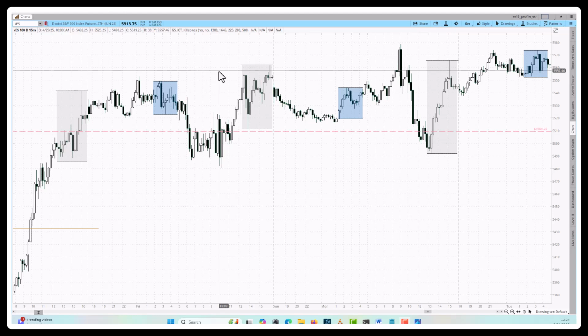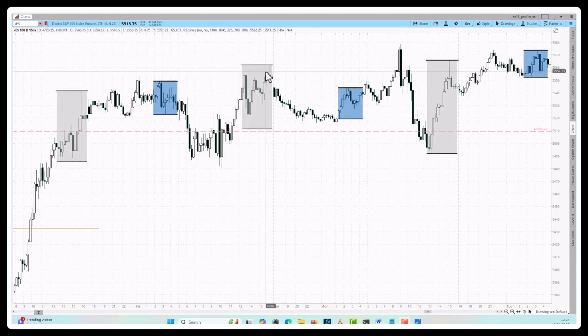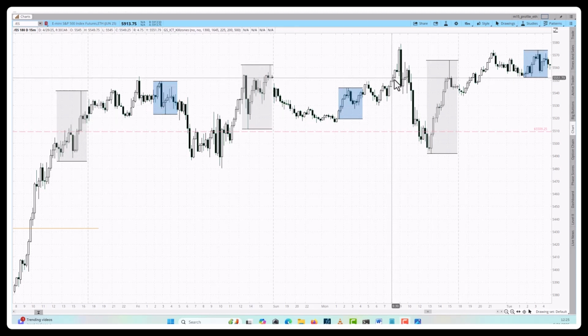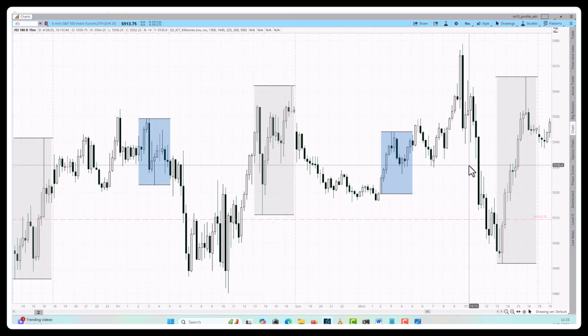So it's a Judas swing at 9:30 right there. So the day before that is the Friday 25th, and then the Thursday 24th. So it takes that liquidity, and then it reversed right away. And right here, if we miss the first move, we still have opportunities to go here into the second move.